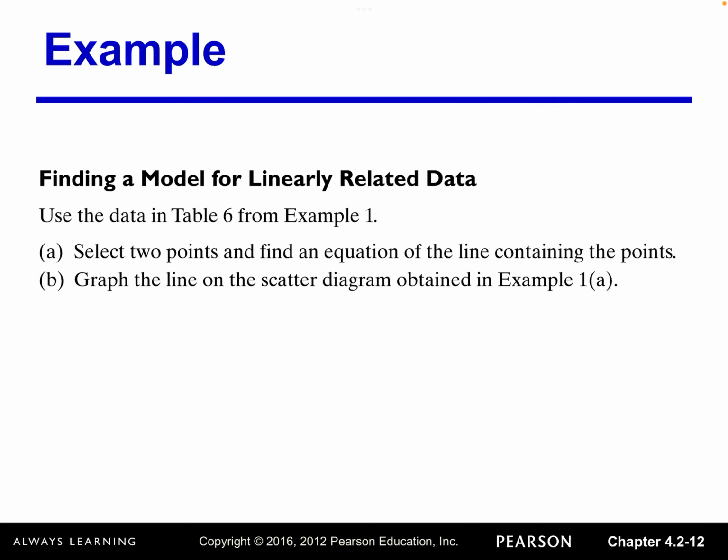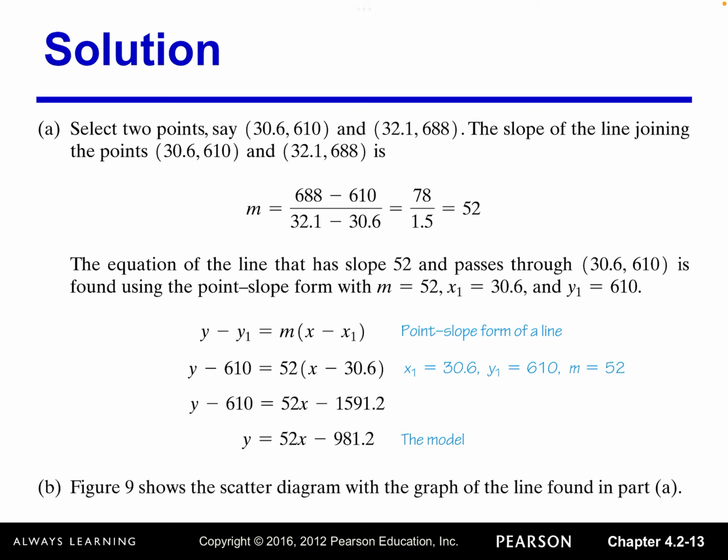Use that data, select 2 points and find the equation of the line containing the points, and then graph the line on the scatter diagram. So we're going to do that. We select these 2 points, as in the book. The slope of the line passing through these 2 points, if we denote this as x1, y1 and this as x2, y2, the rise will be 688 minus 610, right?